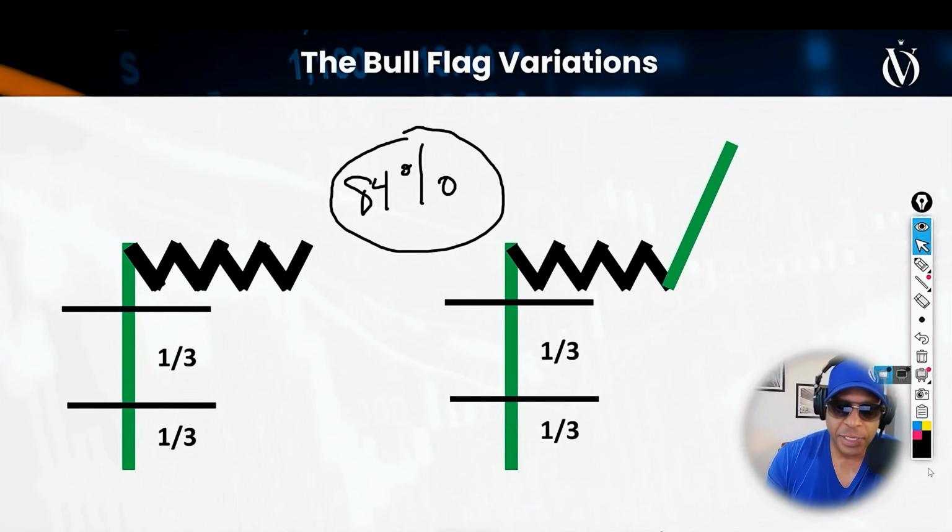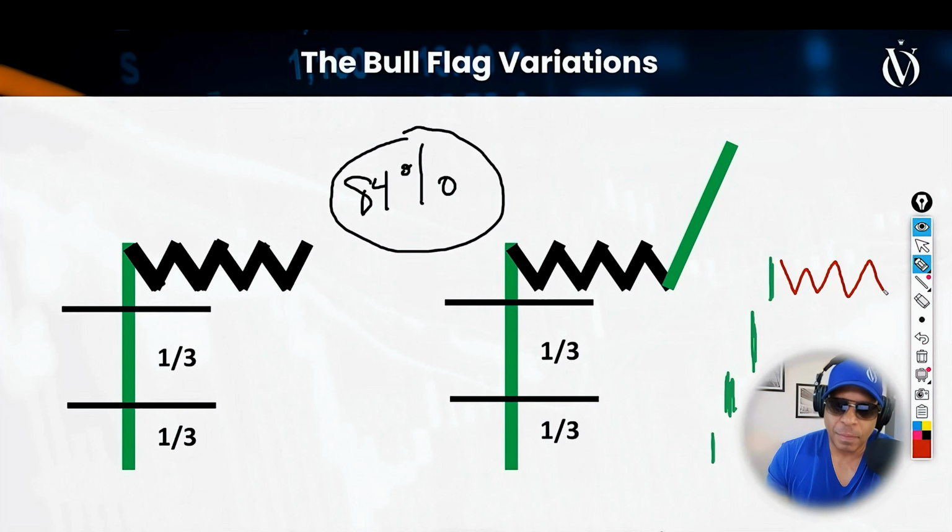Now remember, this power move, traders, can be multiple bars as well. And so if we were to draw that in, it could look something like this. Boom, boom, boom. And then boom.